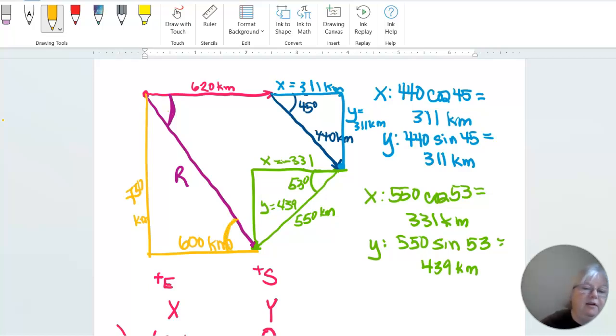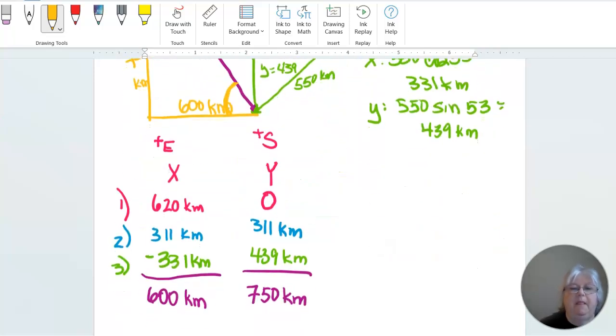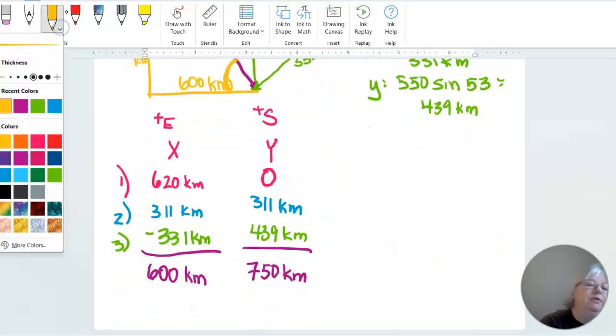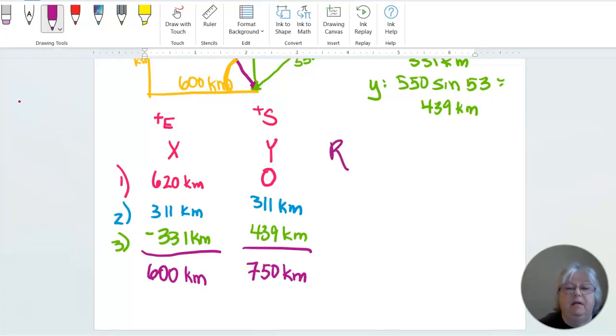This angle and that angle are the same. We now want to find what that resultant is. To find that resultant, I'm going to use the Pythagorean theorem. My resultant will be the square root of my x squared plus my y squared.